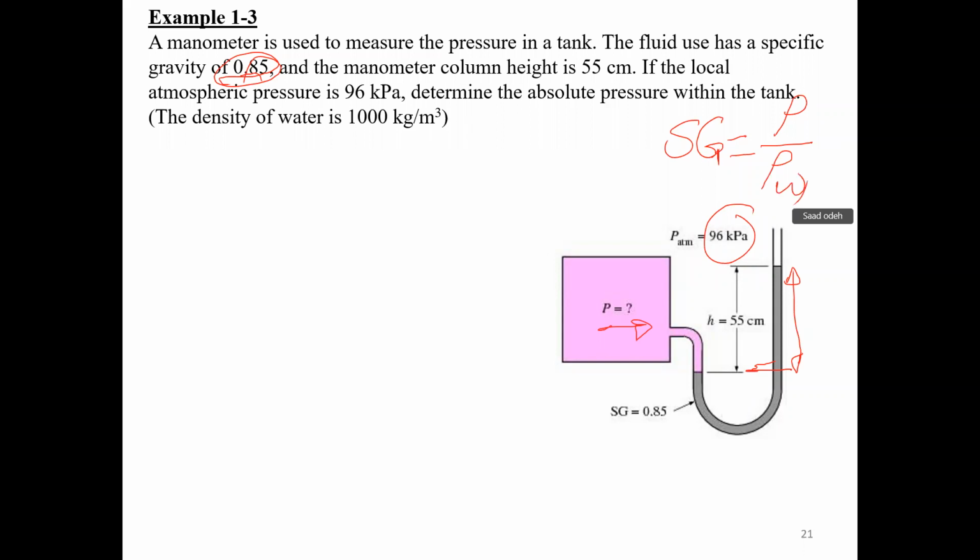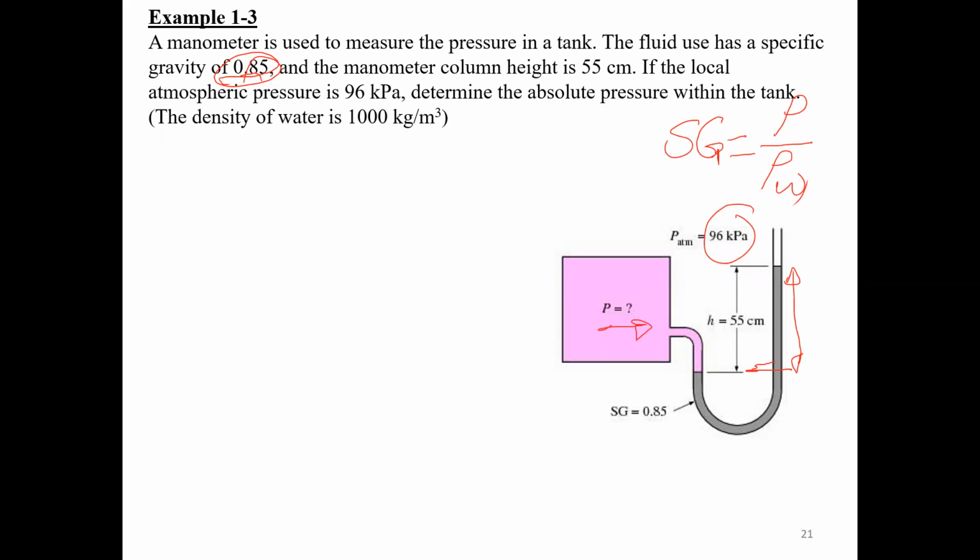We know the standard density of water is 1000, so I can find the density of the liquid inside the tube. Simply 1000 multiplied by 0.85, it's 850. This is the density of the liquid inside the tube. I can use it to find the P gauge.